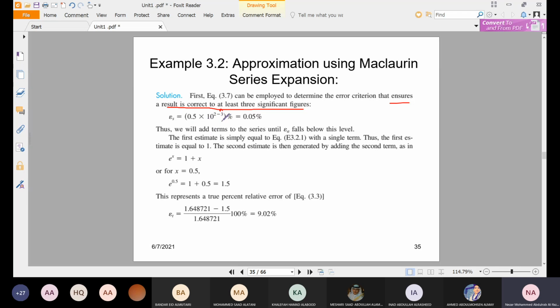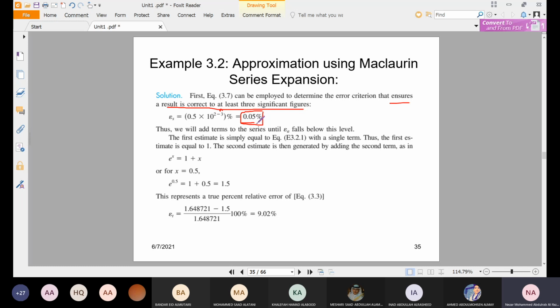So here we substitute n by 3. What will be the value of the error? I have 0.5 multiplied by 10 to the power 2 minus 3, so this will be minus 1. Multiplied by 0.5, this will be 0.05.